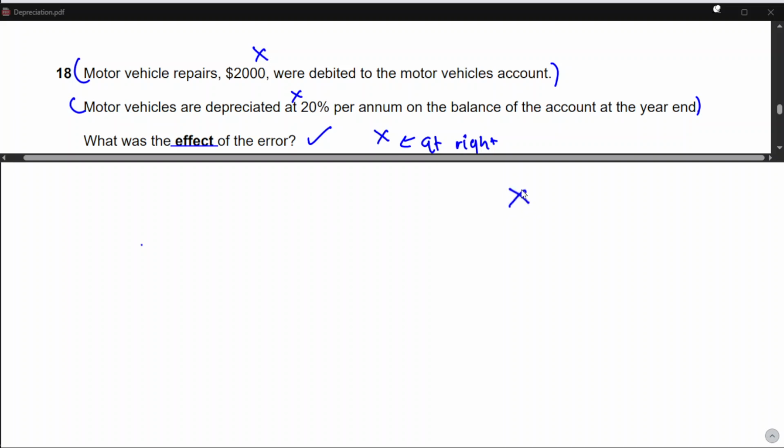So right hand side cross. Left hand side is tick. Then cross at right. Okay. So yeah.